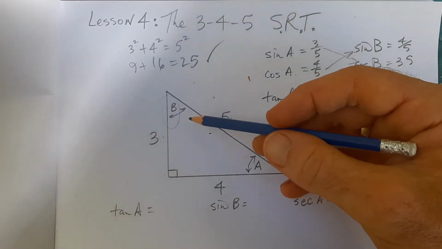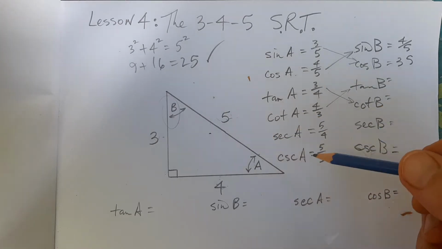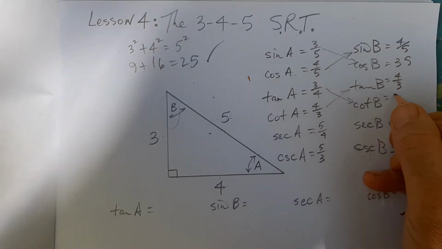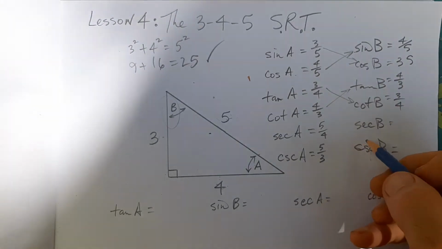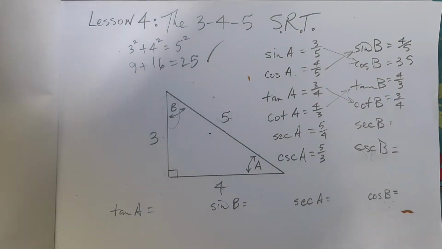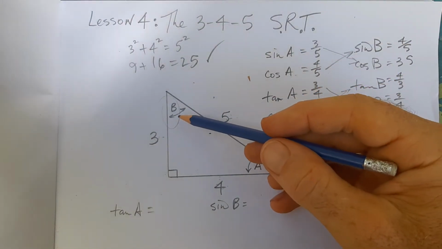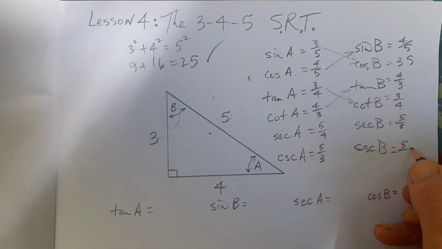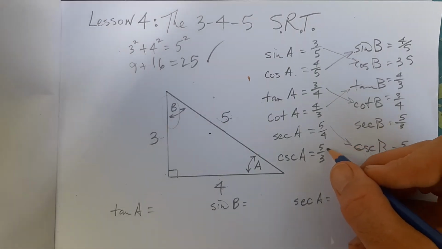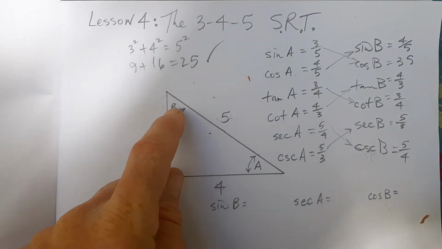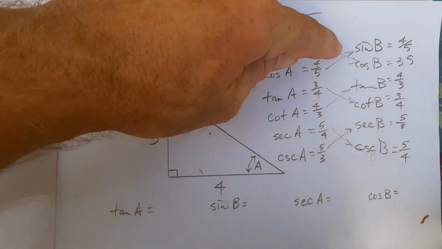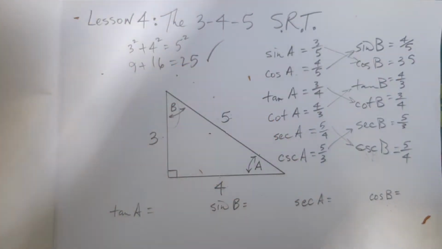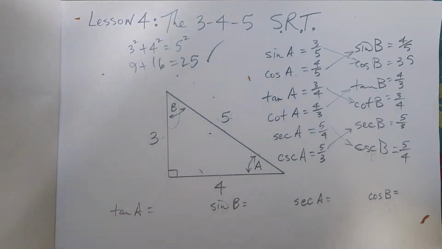Tangent of B, 4 over 5, and the secant of B, 5 over 3, right? And cosecant. Okay, so we got complementary angles. The sine and the cosine, tangent and cotangent, and secant and cosecant are paired. All right, hope that's clear as mud.